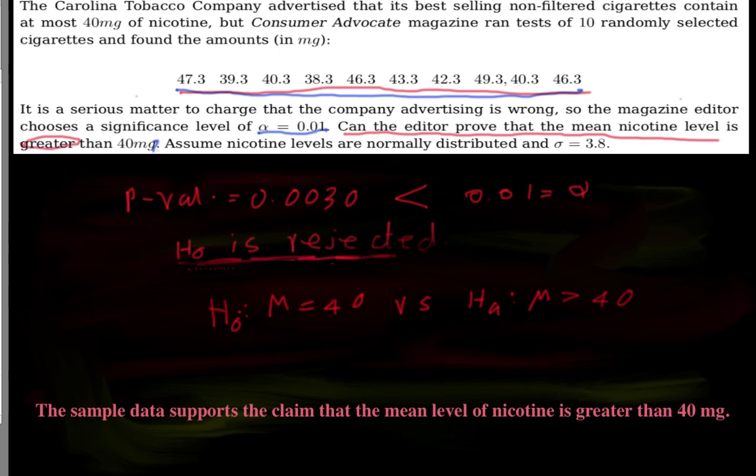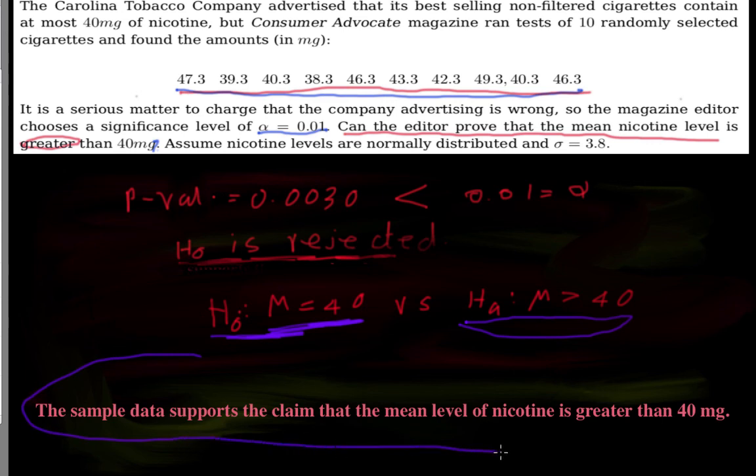H0 is rejected means this H0 value is not true. If this is not true, this should be true. It means mu greater than 40. It means our conclusion: the sample data support the claim that the mean level of nicotine is greater than 40.